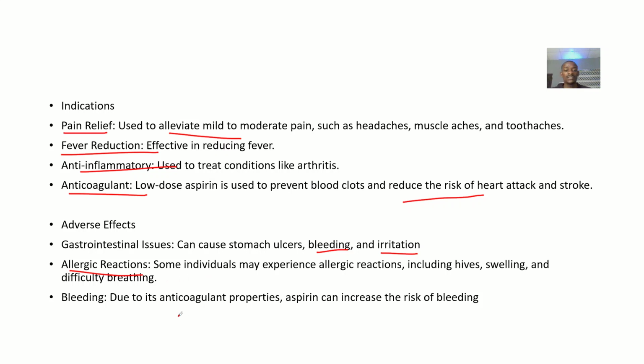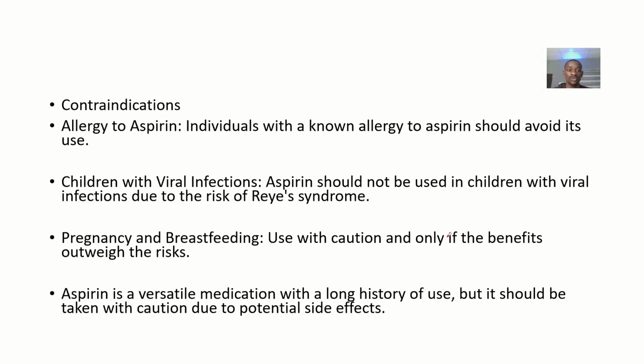Bleeding is due to its anticoagulant properties. From preventing blood clots, it can tilt the patient into bleeding. So aspirin can increase the risk of bleeding. If you have any wound and you're taking aspirin, it will be hard for clots to form. What are the contraindications, when you shouldn't use aspirin?